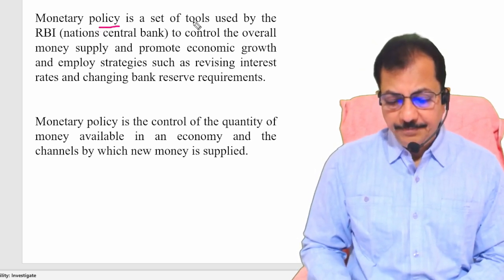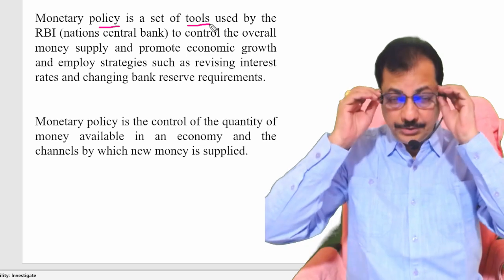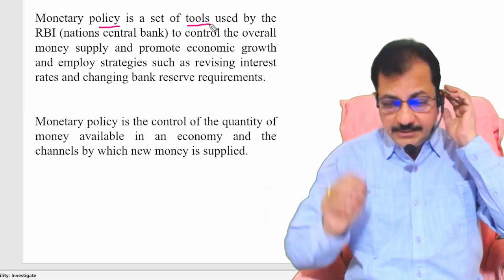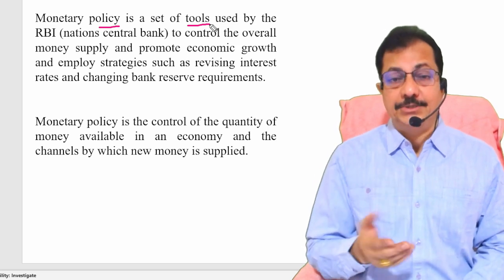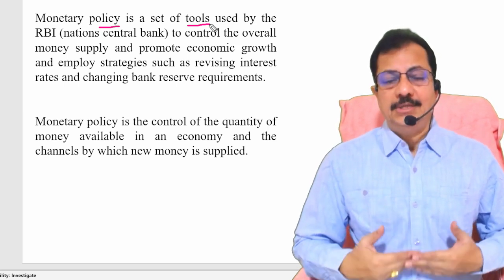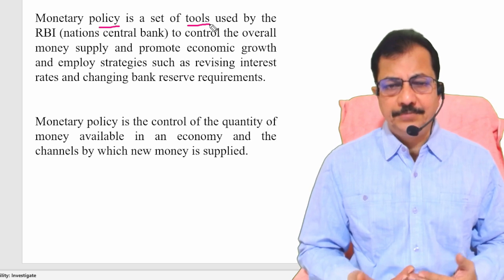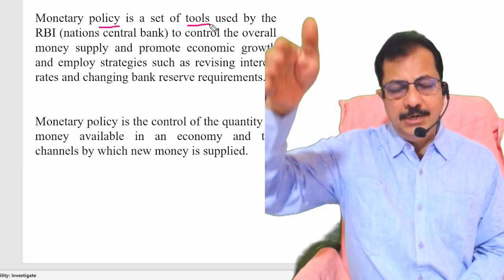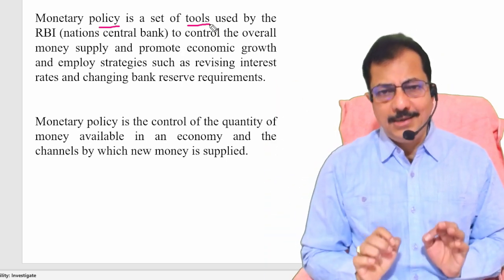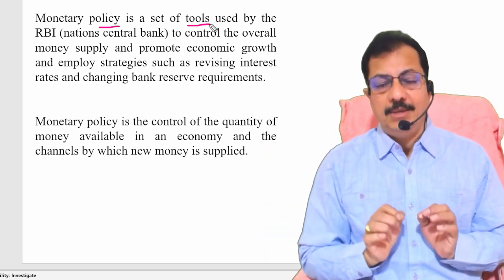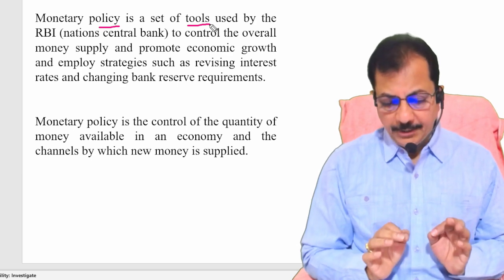Monetary policy is a set of tools. Remember this one. When I say tools, these are not physical tools. These are called instruments, not physical. These are strategic instruments. Depending on the situation and the necessity to control something, RBI will take decisions and they will become part of the monetary policy.